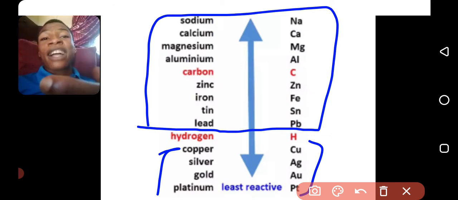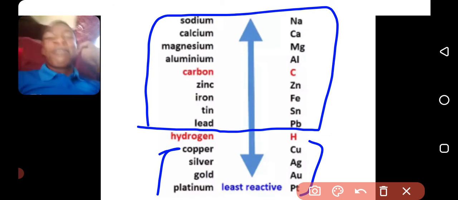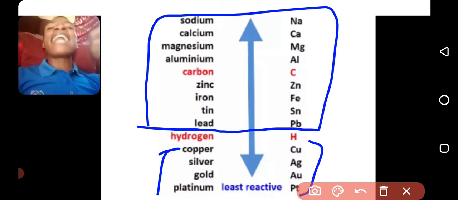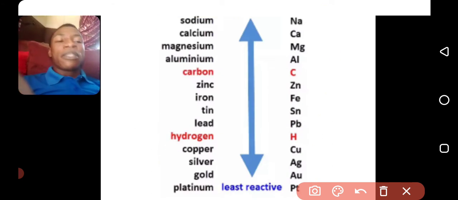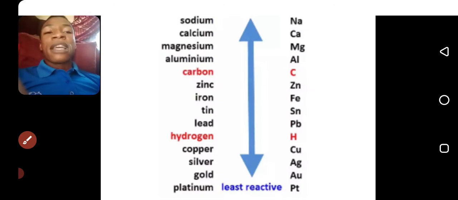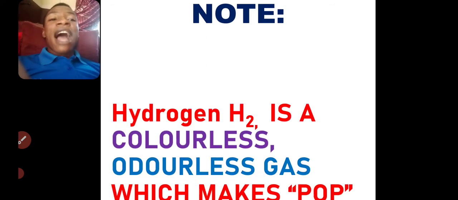That will not work. So a teacher cannot displace the principal because the teacher is lower than the principal in the school organogram. The same way, metals that are lower than hydrogen cannot displace hydrogen, but those that are higher can. So that is why not all metals can react with acid to displace hydrogen.